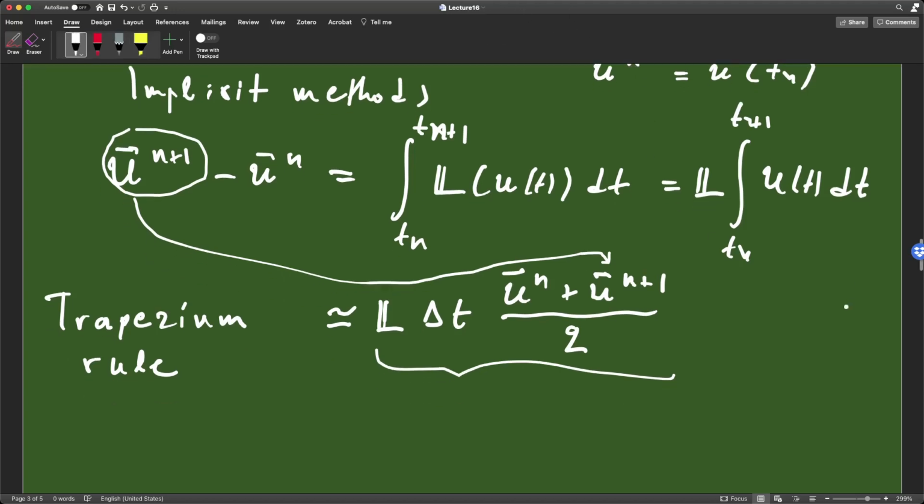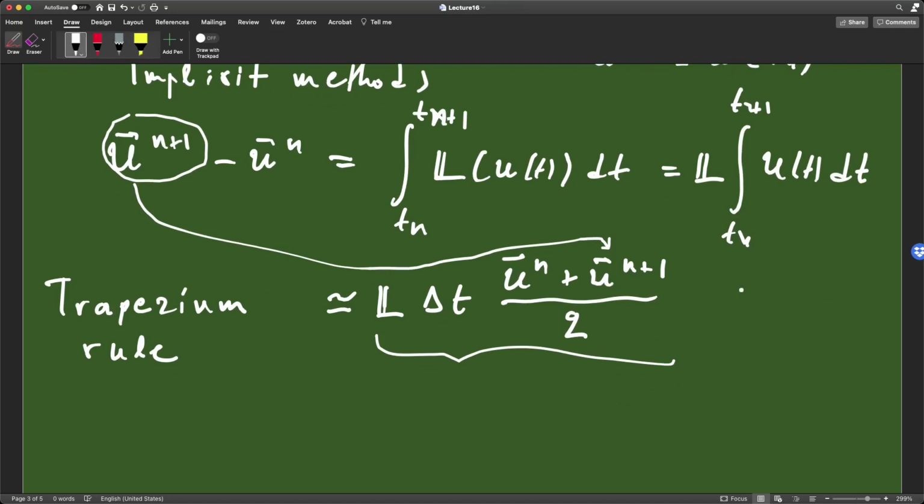So let's do that here. It involves very little algebra. So we want to pull Un+1 on one side of the equation. So if we collect the terms Un+1, then we will have minus L delta t times 1/2 times Un+1.